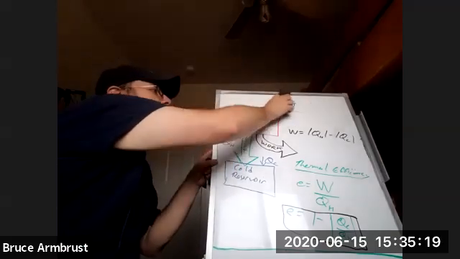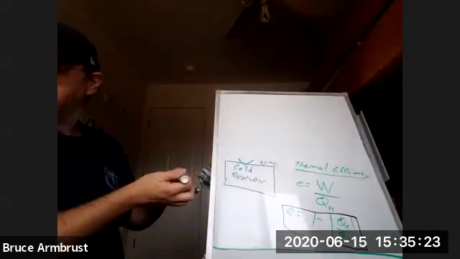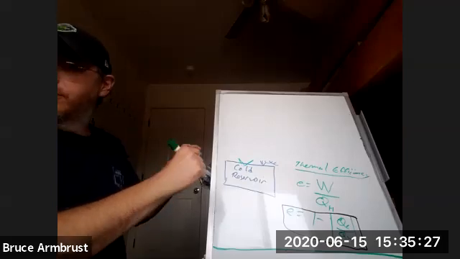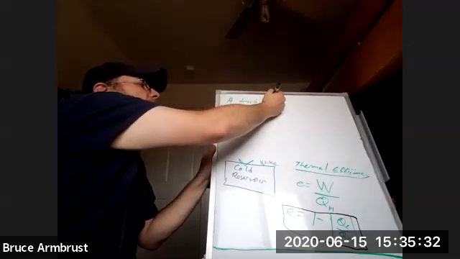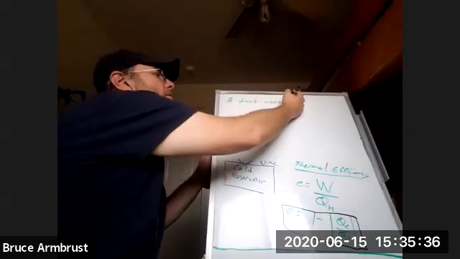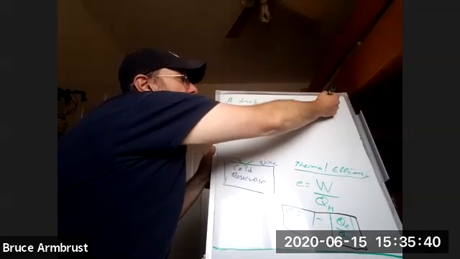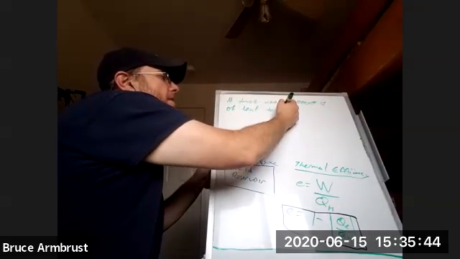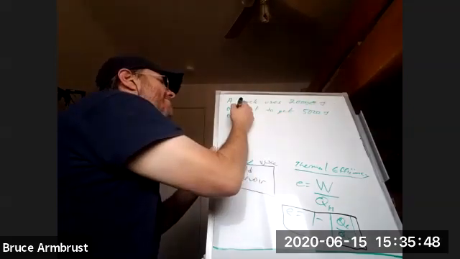All right, so for example, let's say we've got a truck, and what we know is that this truck uses, let's say, 20,000 joules of heat to get 5,000 joules of work.